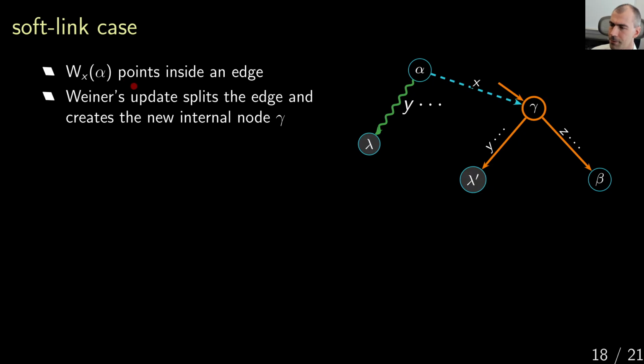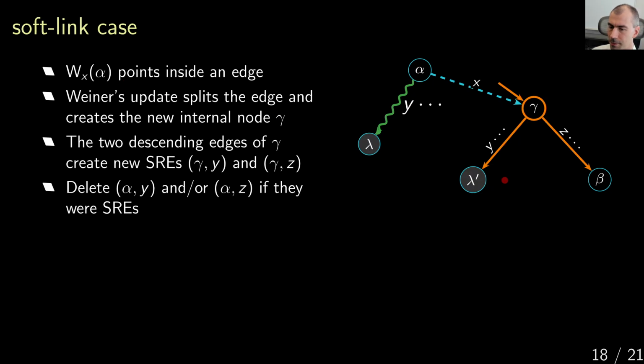And okay, we have split it here, and what we can see, it's basically the old case, so the hard case, where we have already found a new SRE gamma y with the same idea, but actually we also have the yz now, which can also be an SRE.